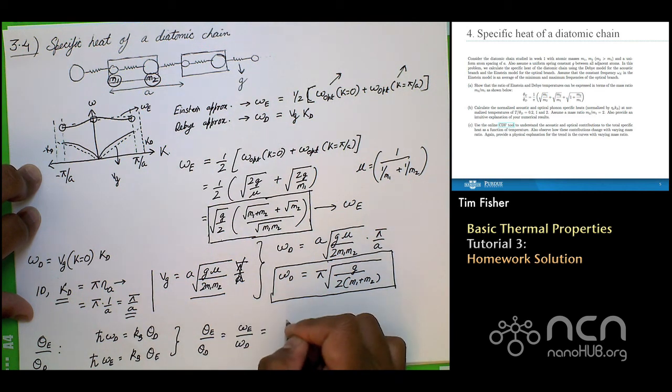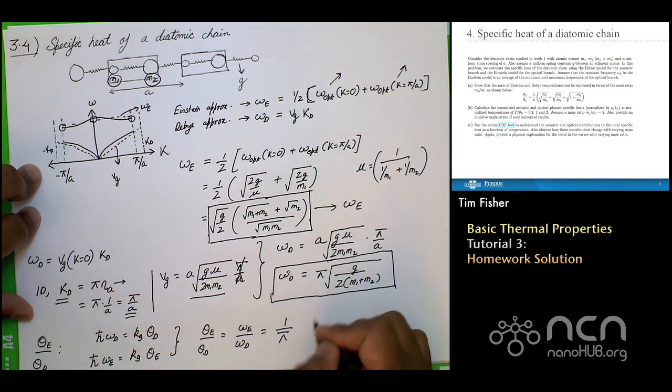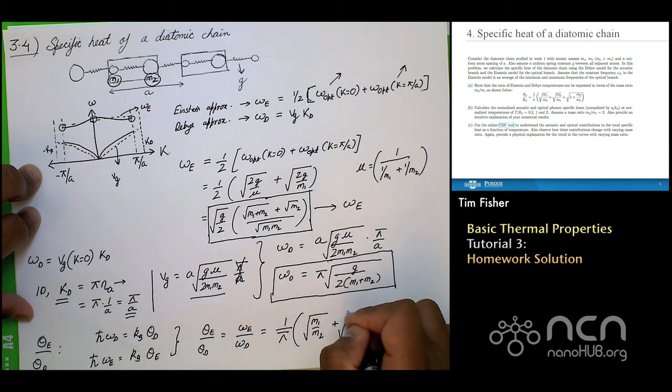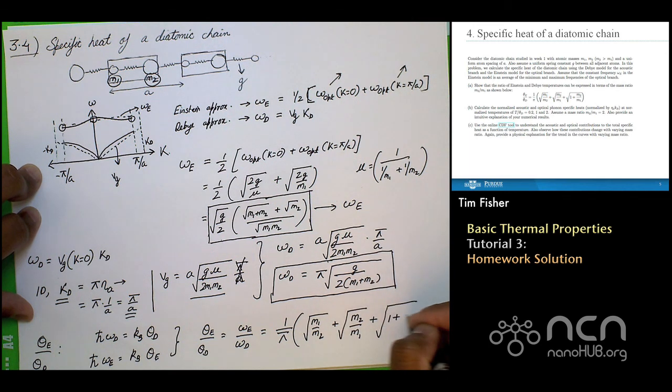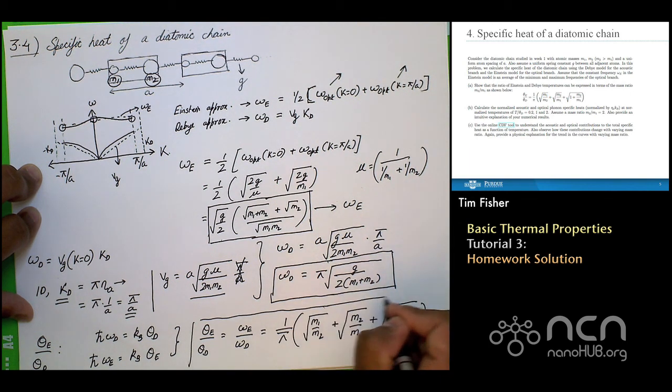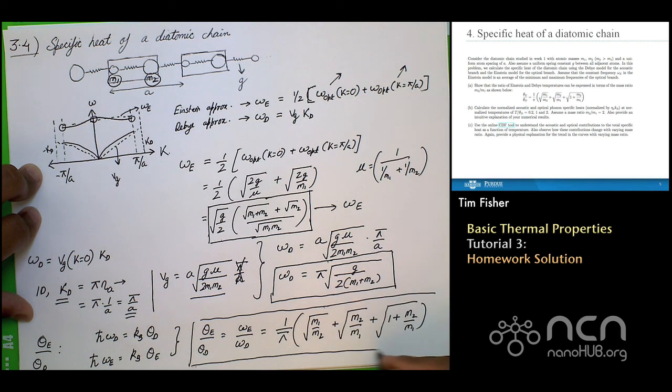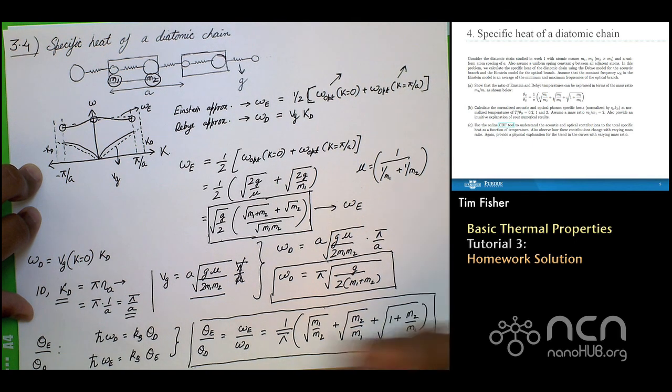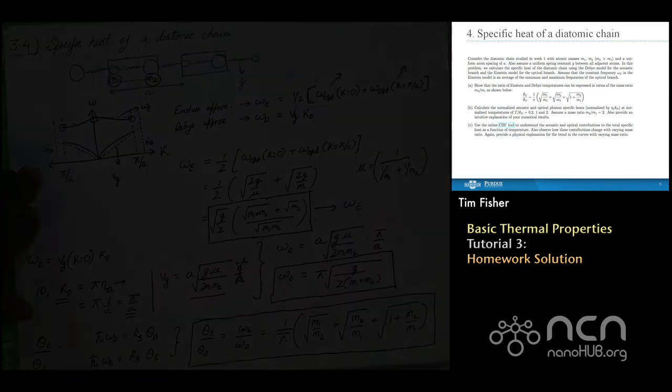And that is given as 1 upon pi multiplied by the square root of m1 upon m2 plus the square root of m2 upon m1 plus the square root of 1 plus m2 upon m1. So this expression is the answer to part A of the problem.